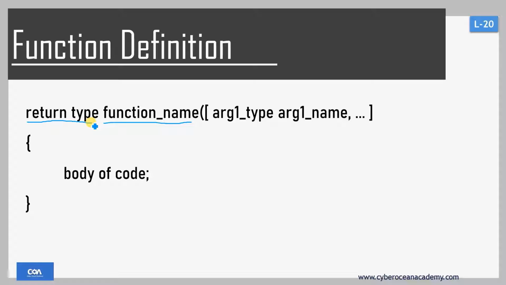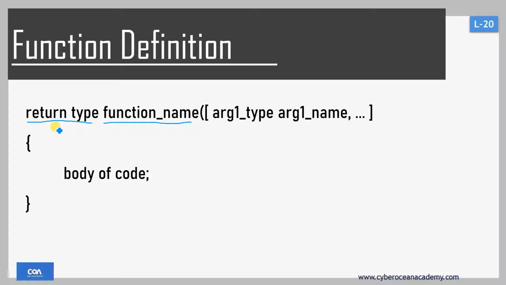Which type of bike? Here we have data types like integer, character, and float, and any other data types. So this return type tells that this function will return some value like 0, 1, anything.